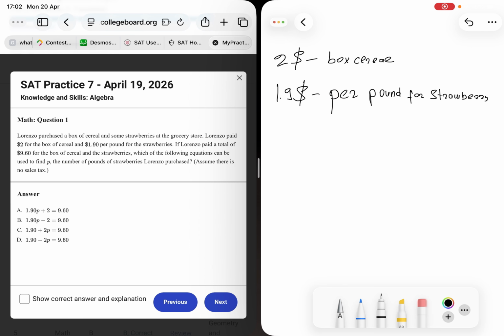Okay, $9.6 means the overall amount of money he or she paid for both of them above, yep?